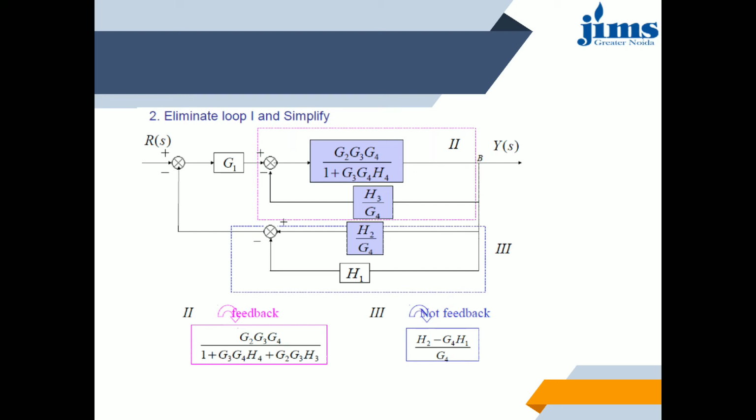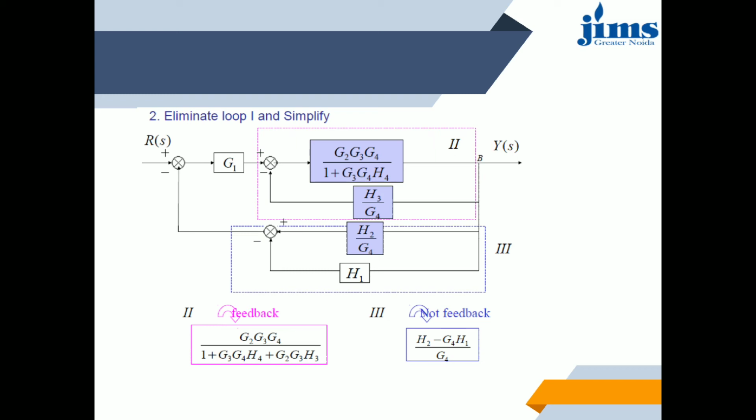Next we are having again this closed loop. So we'll solve this closed loop and we'll solve this loop 2. When you solve this loop 2, this will be your system gain upon 1 plus gain into feedback. When you solve this, you'll get a transfer function as G2 G3 G4 over 1 plus G3 G4 H4 plus G2 G3 H3.